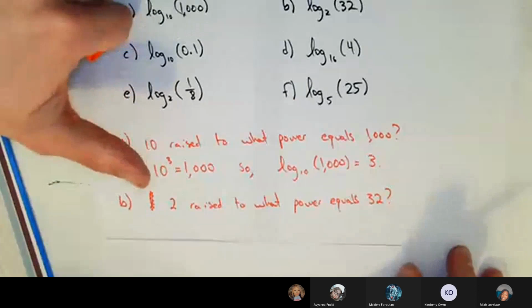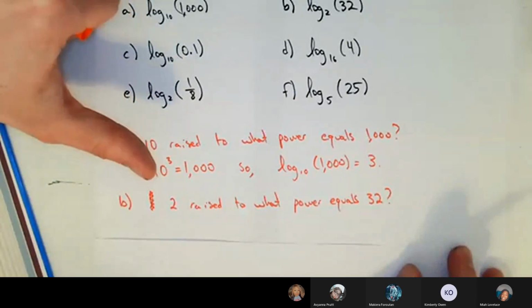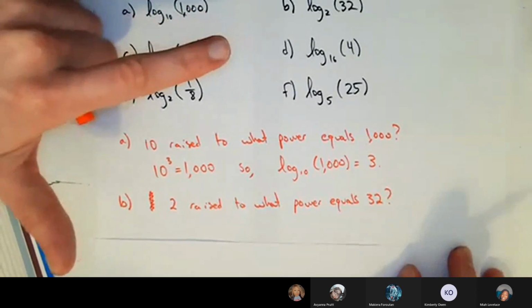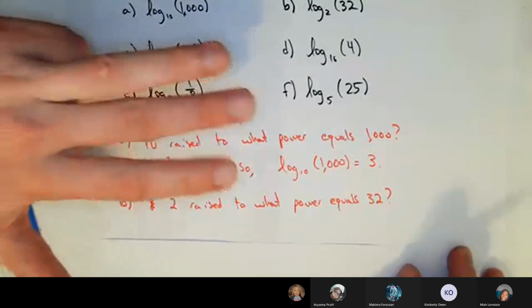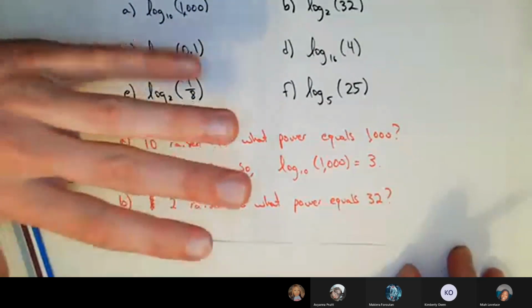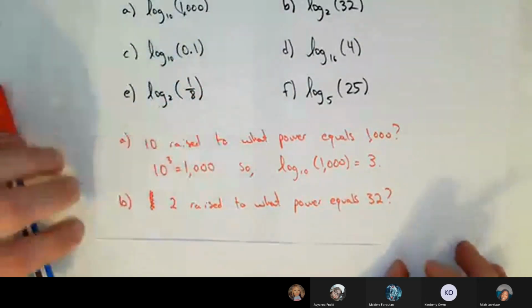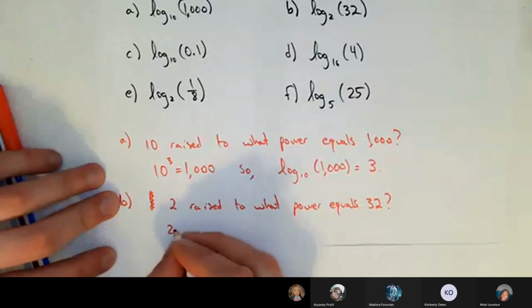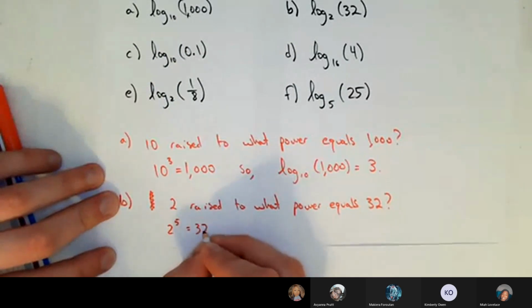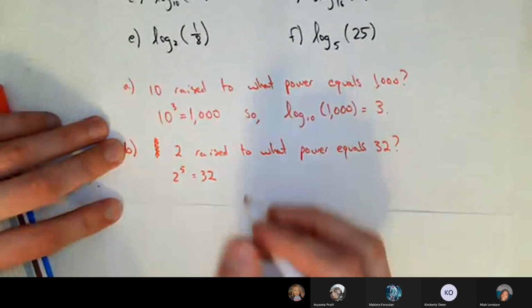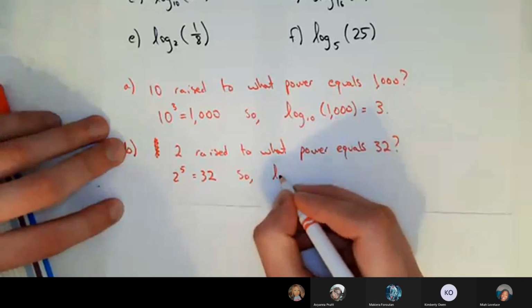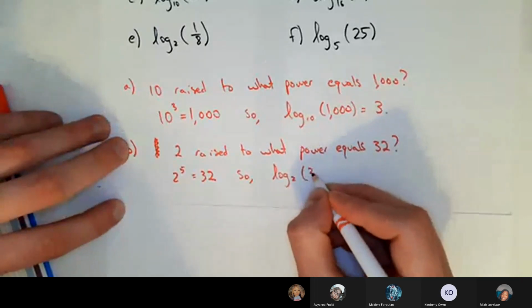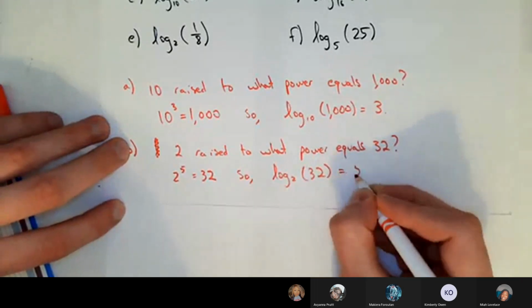Well, 2 to the first power is 2. 2 squared is 4, 8, 16, and then double one more time to get 32. So 2 to the 5th is equal to 32. So log base 2 with an input of 32 gives an output of 5.